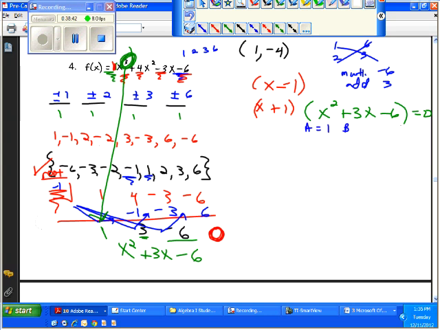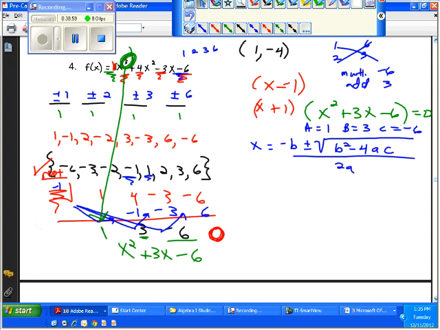So my a is 1, my b is 3, my c is negative 6. I'm going to plug them into the quadratic formula, which is x is equal to the opposite of b plus or minus the square root of b squared minus 4 times a times c all over 2 times a.